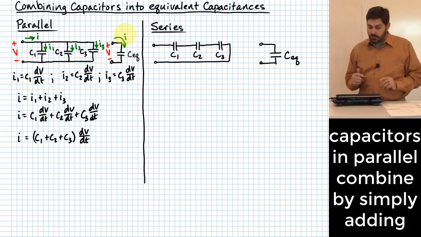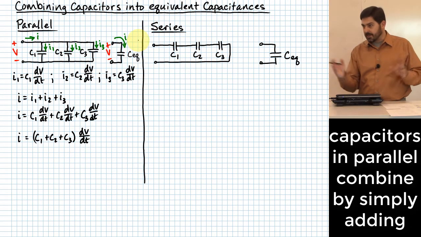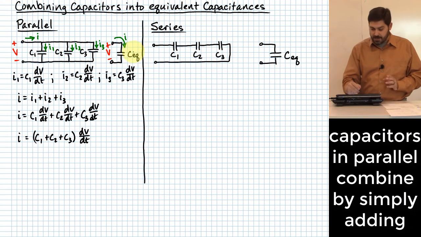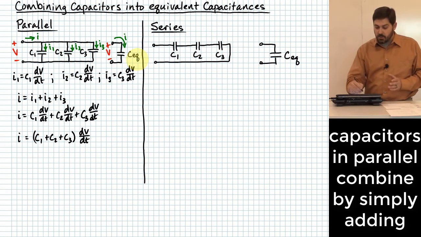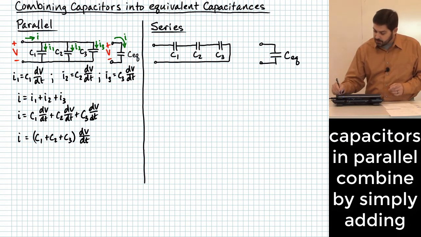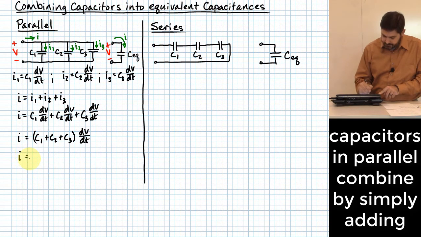And I went ahead and labeled C as CEQ, to mean that we're going to find this CEQ value that makes these equivalent. One way of doing that is to just write the equation for that last capacitor. I is going to be equal to CEQ dV dt.